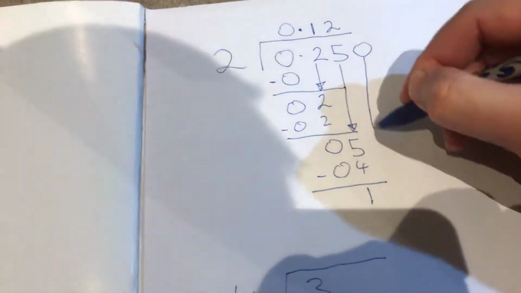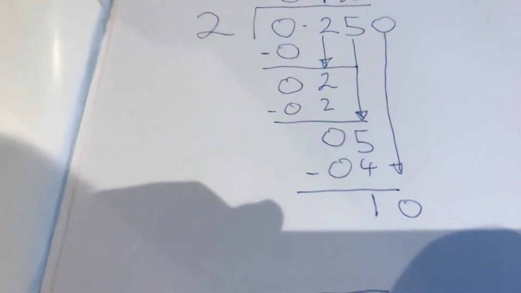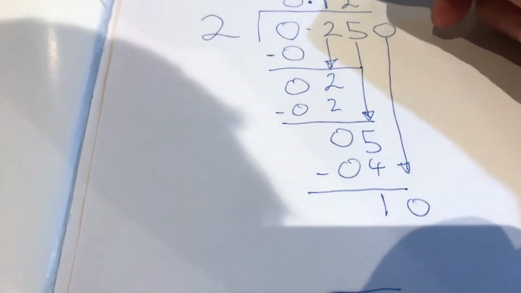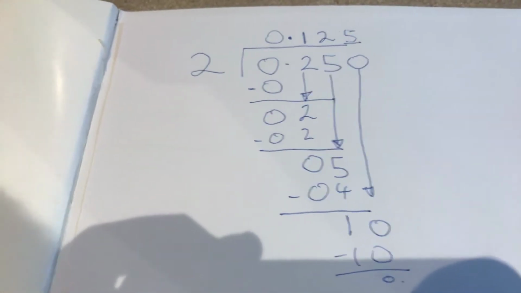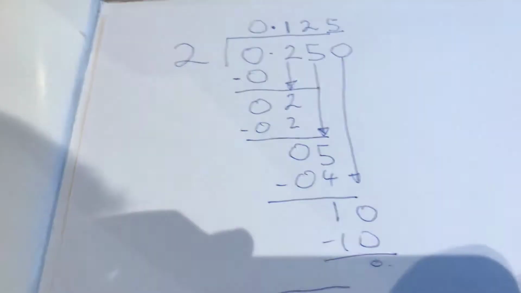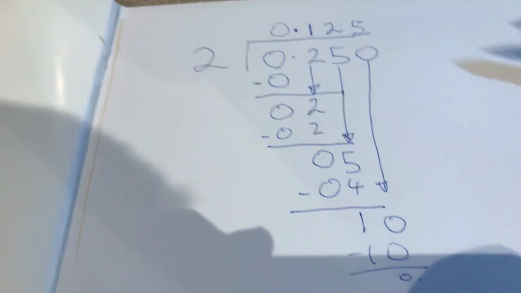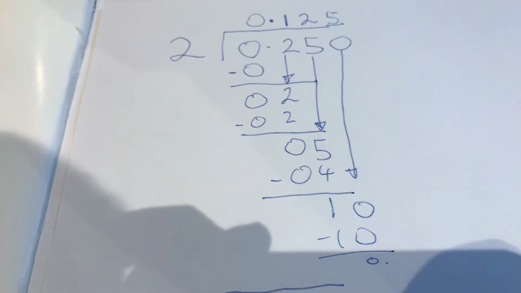And I can bring that 0 down and it gives me 10. So how many 2's go into 10? 5. And that gives me 10. 10 take 10 is 0. So that is my answer. How many 2's divide into the dividend of 0.25? The answer, or the quotient, is 0.125.